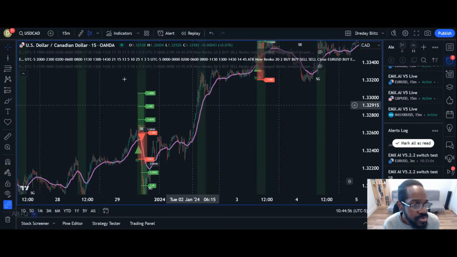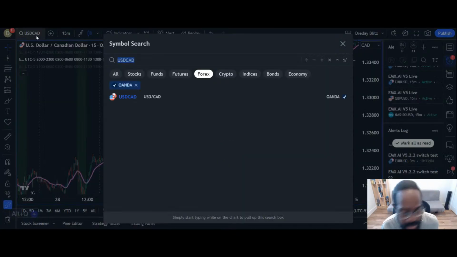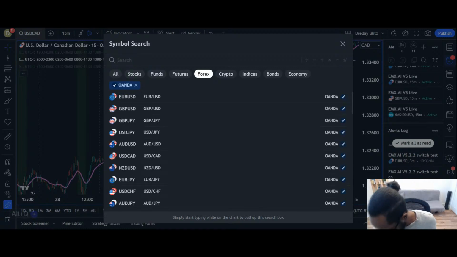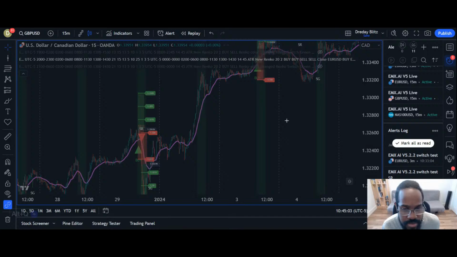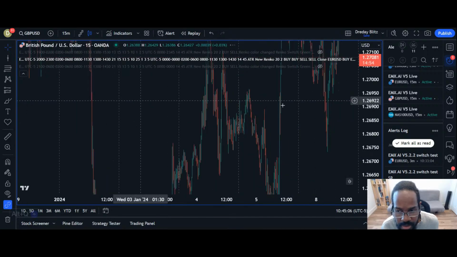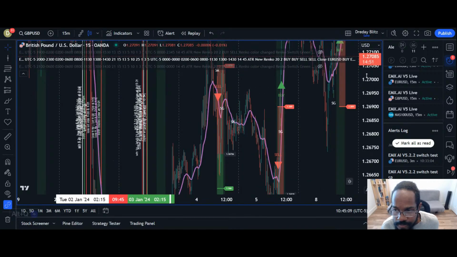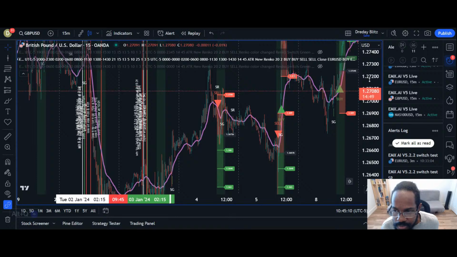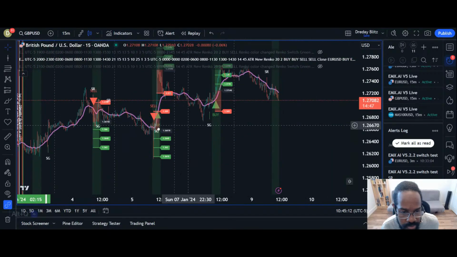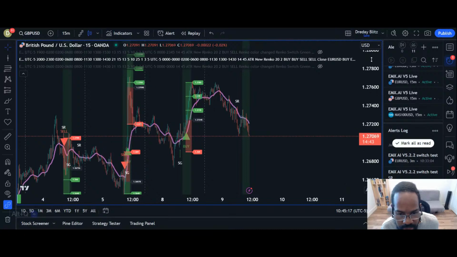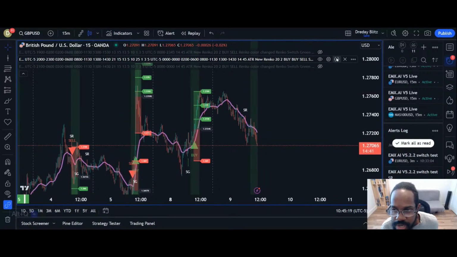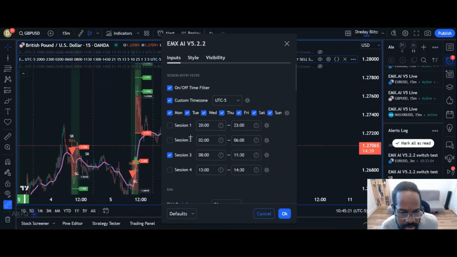And I could show you some other setups here. Let's look at GU. So as you can see, there was a switch red, telling you that it's switching red.